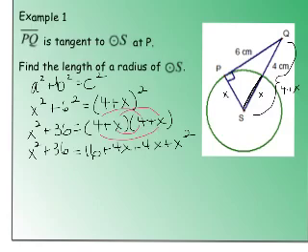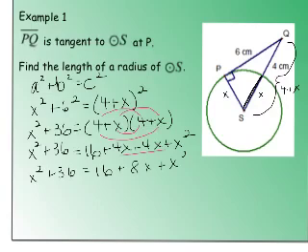So now I'll clean up the right-hand side. 4x plus 4x gives me 8x. I notice both sides of my equation have an x squared on them, so I'm going to subtract x squared on both sides. So these reduce, and I'm left with 36 equals 16 plus 8x.